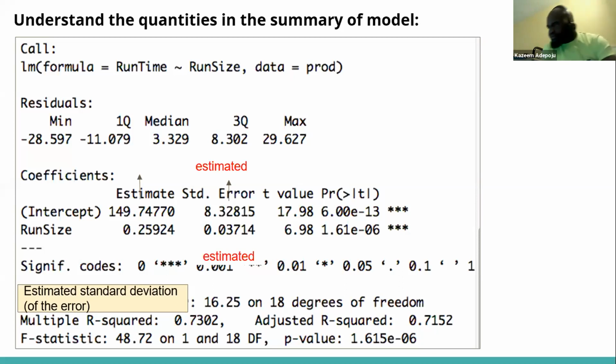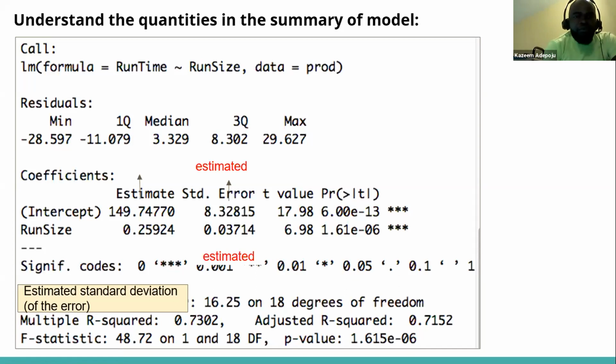Now if I use R on the data set for run time and run size, my data is on production. You are into production and you want to predict how much time it's going to take you to run a particular size of whatever you want to produce.